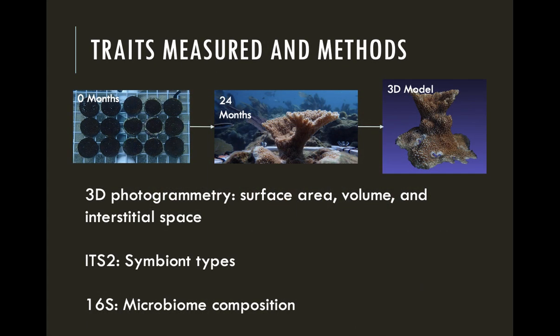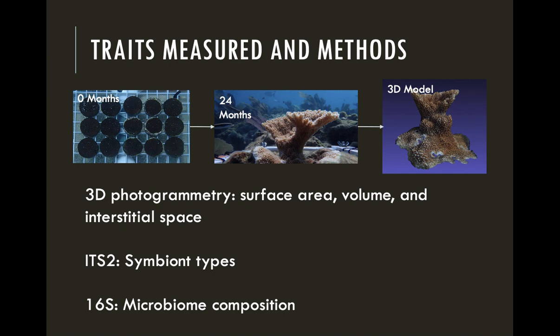So to look at growth, we used individual colony photogrammetry. You might have seen all these beautiful reefscape images. In my lab, we've taken that and gotten really small and just done it for individual coral colonies, because it's a really powerful way to get lots of complex information from a single colony. And those protocols are published and available on Protocols.io if you want to do it yourselves going forward.